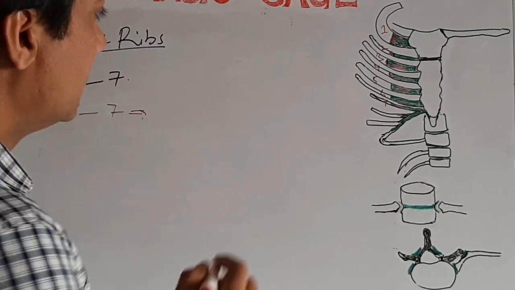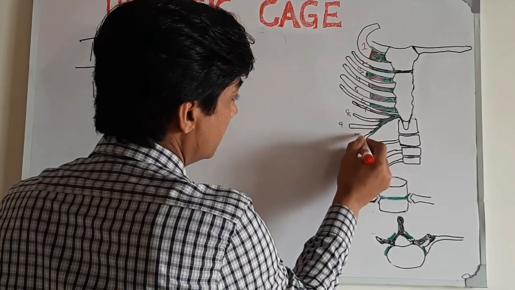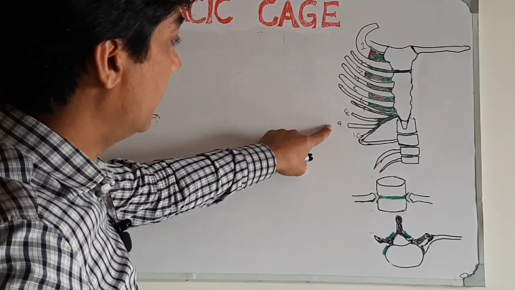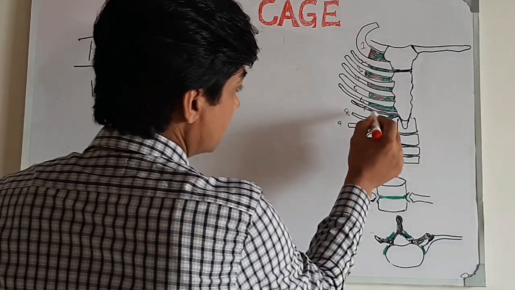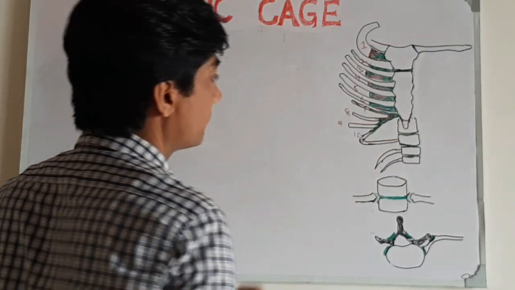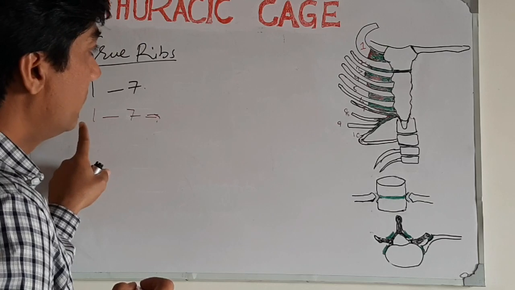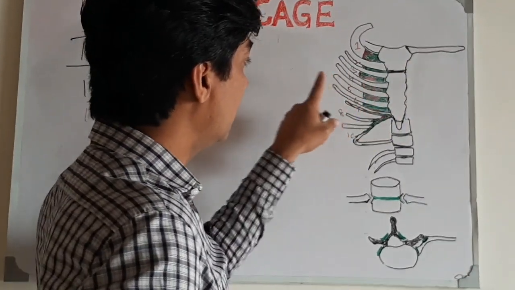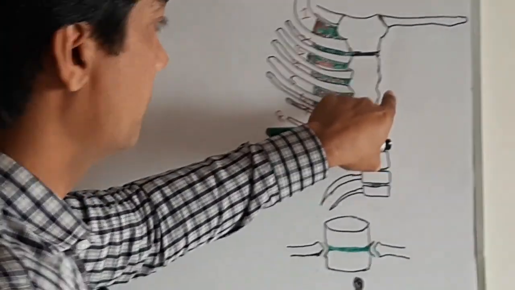And 8 to 10, 8, 9, and 10, are not connecting with the sternum directly. They connect with the pair of 7 ribs. Remember, 1 to 7 pairs of ribs connect with the sternum anteriorly, directly with the help of costal cartilage.